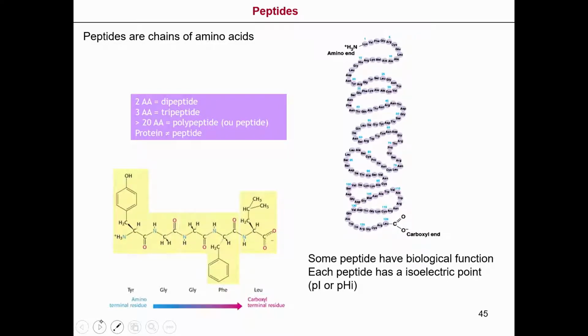So a series of amino acids joined by peptide bonds forms a polypeptide chain, and each amino acid unit in a polypeptide is called a residue or amino acid. Very important thing: a polypeptide chain has polarity because its ends are different.